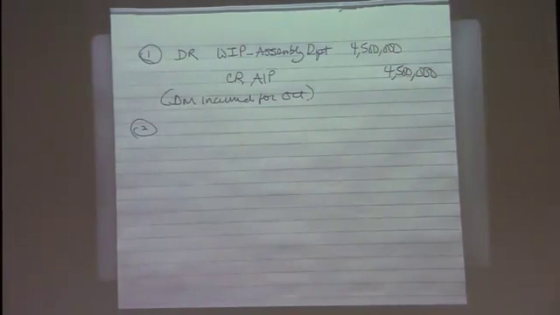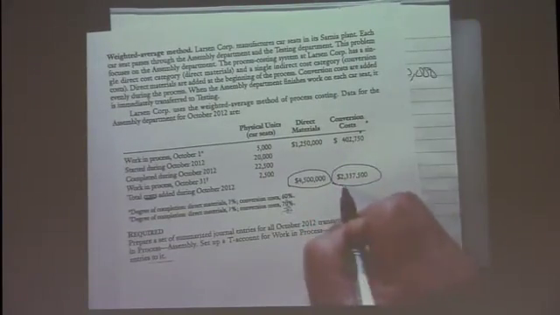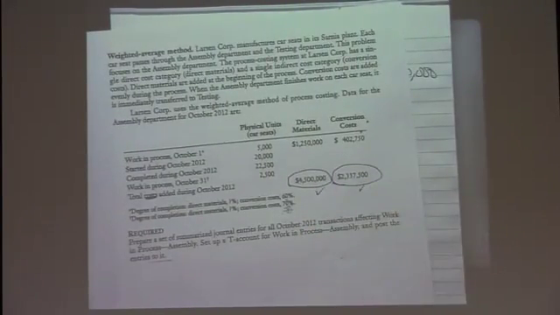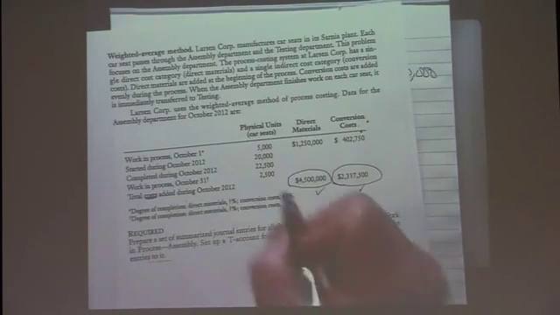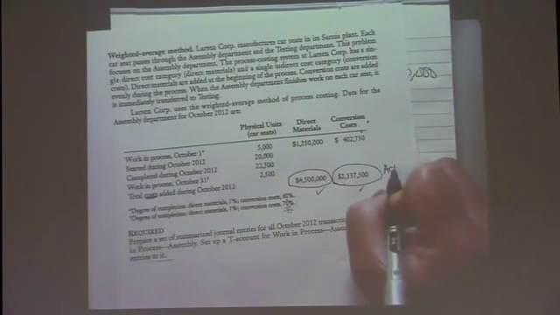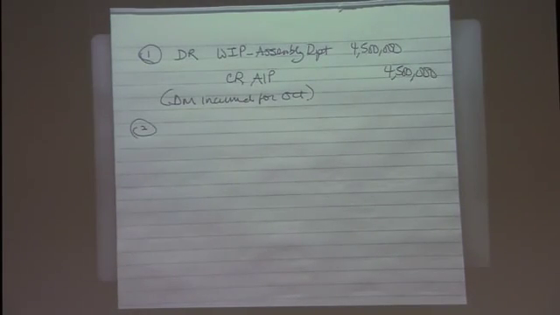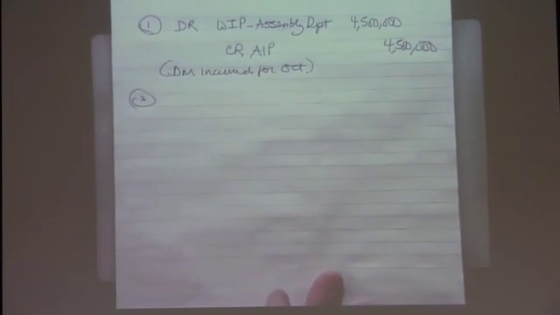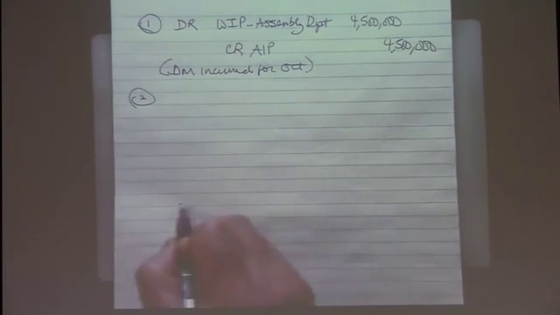Now, what do we do next? We're going to take a look at these conversion costs. So these are true actuals, right? Cost added, so these would be actuals. So we need to, again, record that in our T account. Now I'm going to do a T account down here if that helps.